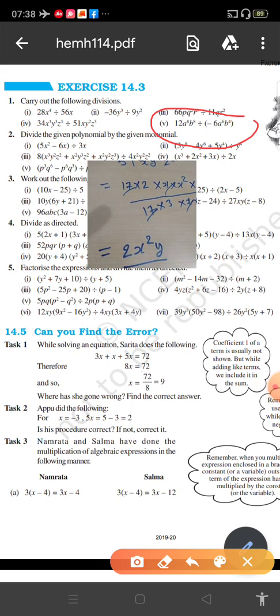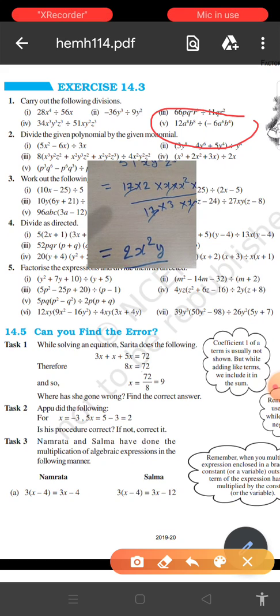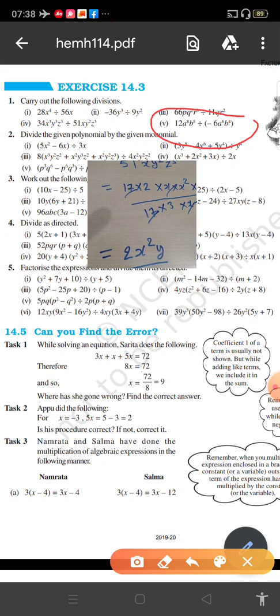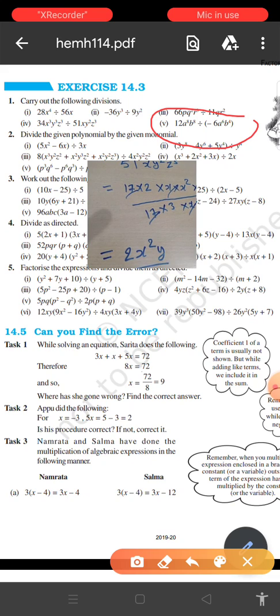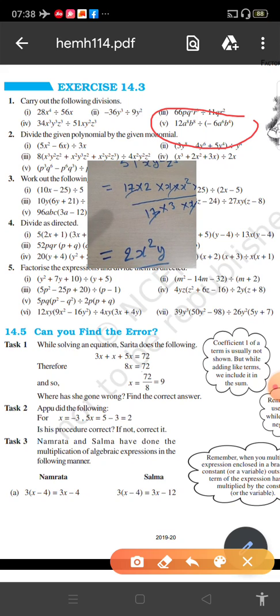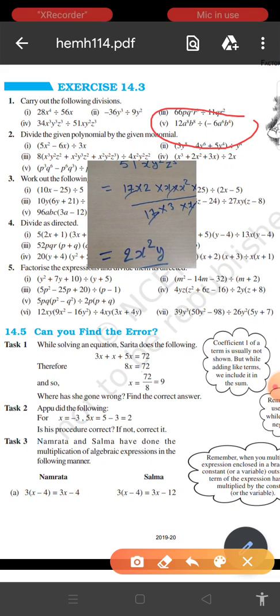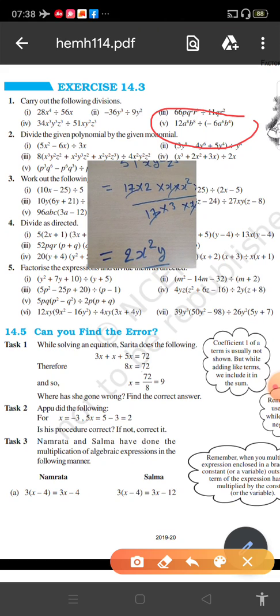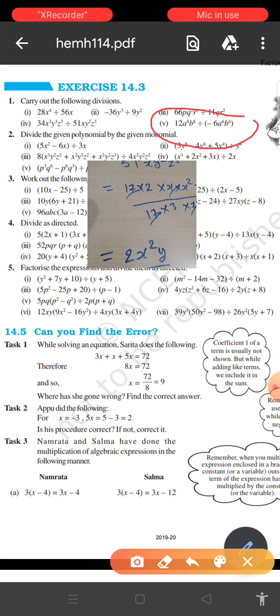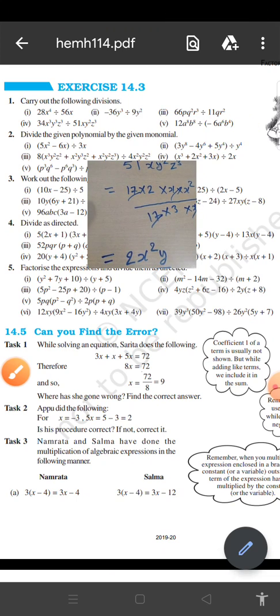Okay, so first we write it as a product of irreducible factors. After this we check what is the common factor between them, and we cancel the common factors. Then we obtain the required result. Okay, let's see how to solve it.